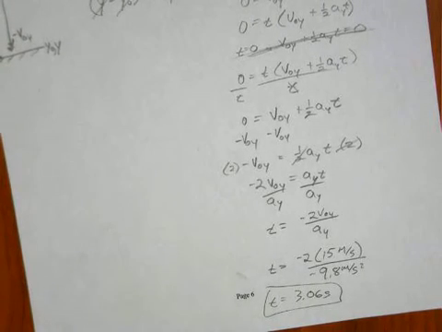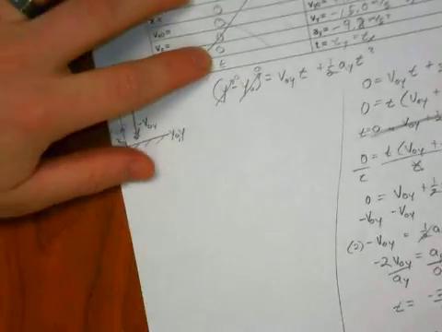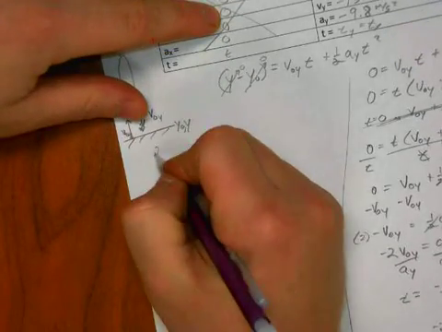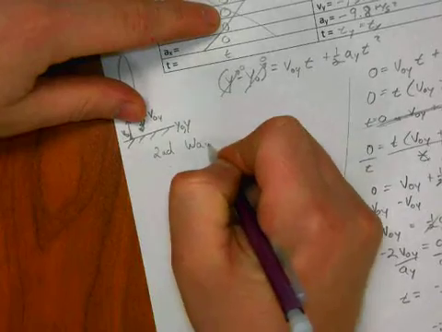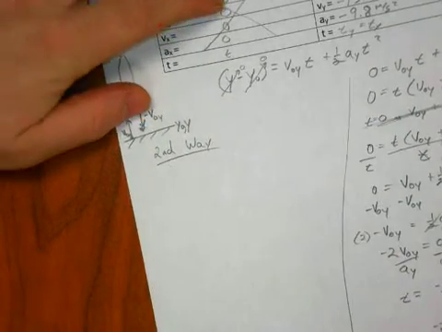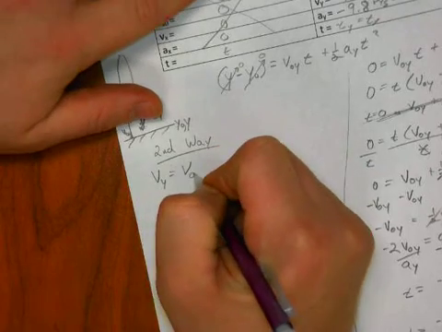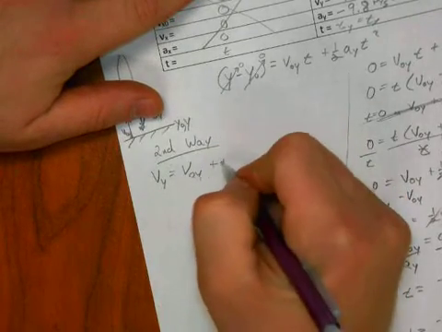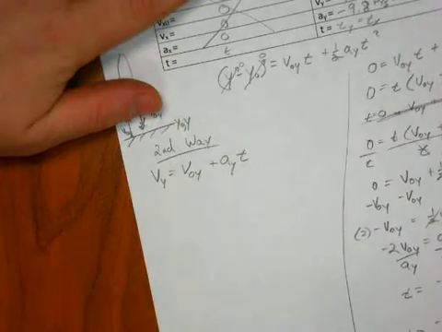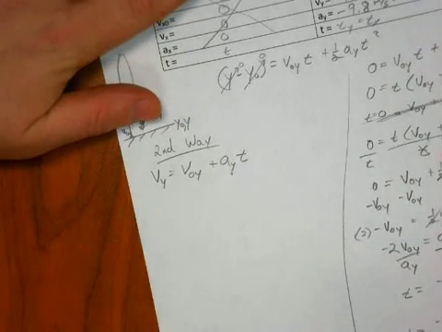That is one way to work it. A second way to work it, equally valid, is to use the equation that says vy equals v0y plus ay t.